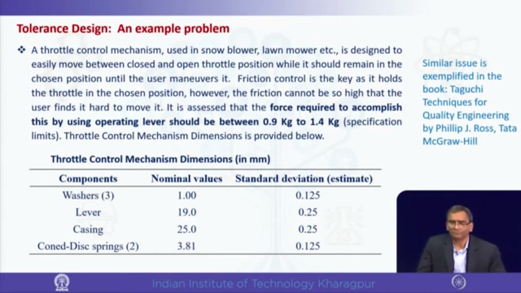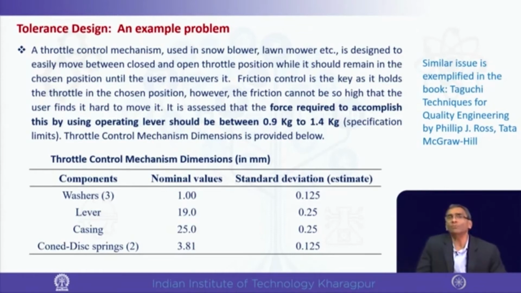So, here, such a throttle control mechanism is to be operated by the user, and some force is required to adjust that lever to get a particular level of throttle. Like when you press the accelerator in your car, you apply certain pressure, a lever pressure.